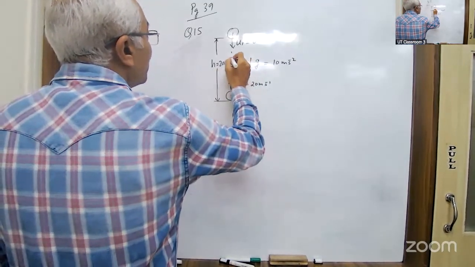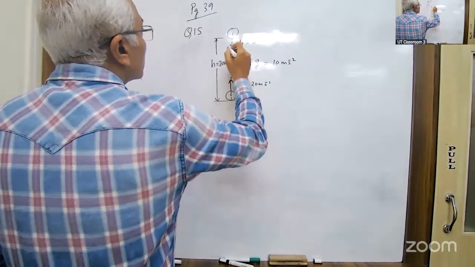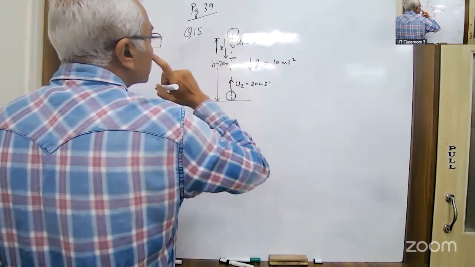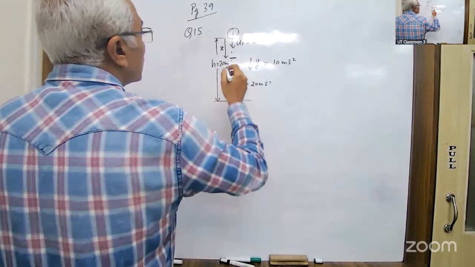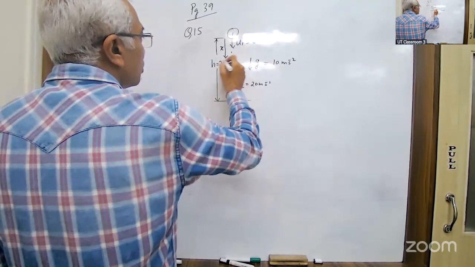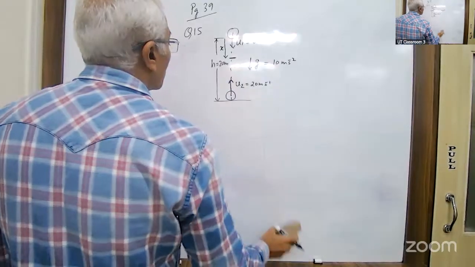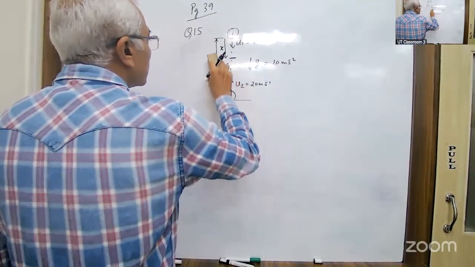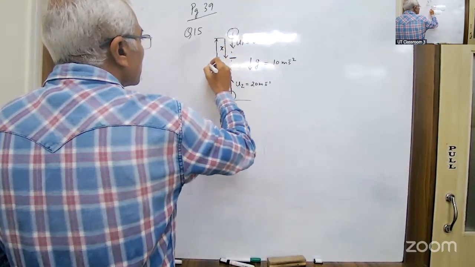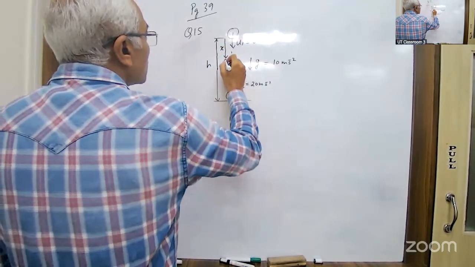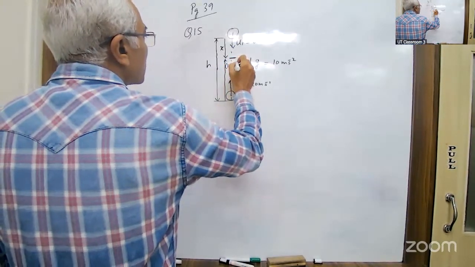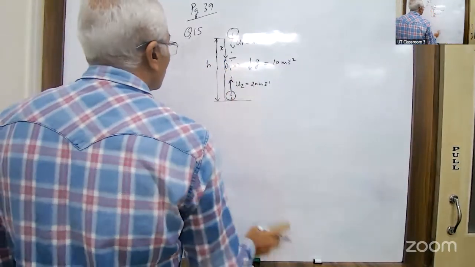Let us say the balls meet at this point, and it has traveled distance x. If this ball has traveled distance x, this ball reaches what height? h minus x. So if this is h, this distance will be h minus x, and h is equal to 20 meters.